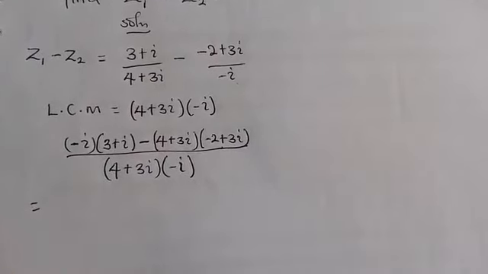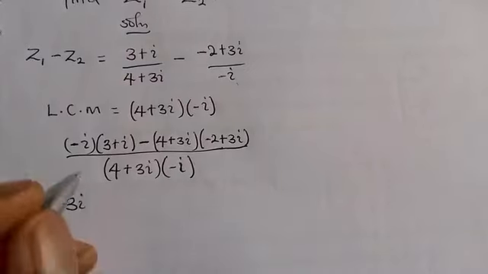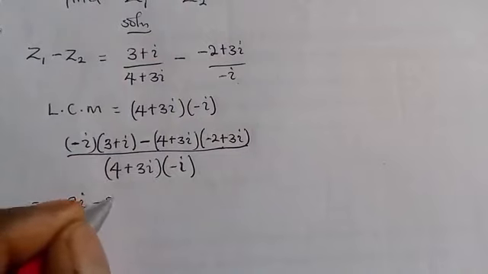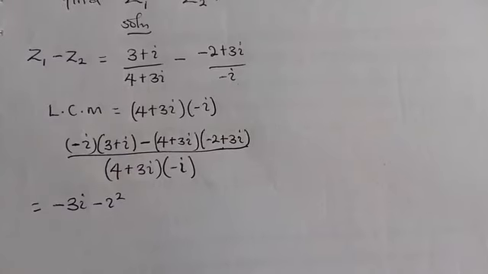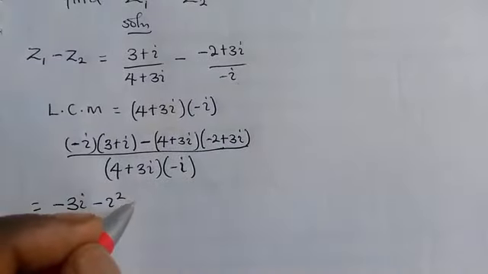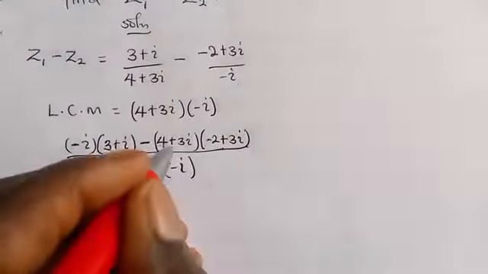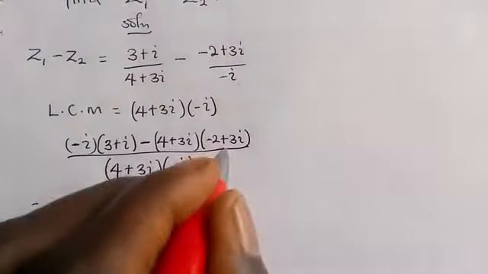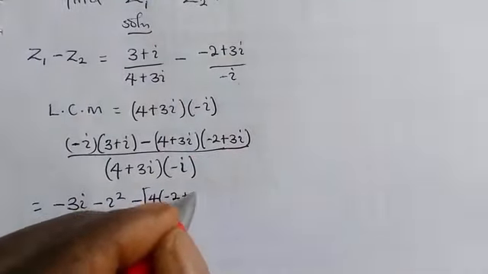Next, we will have -i times 3 giving us -3i. -i times +i, we have -i squared. Next, we are going to have minus, let's pick the first term here, 4, to multiply the content of this bracket, (-2 + 3i).